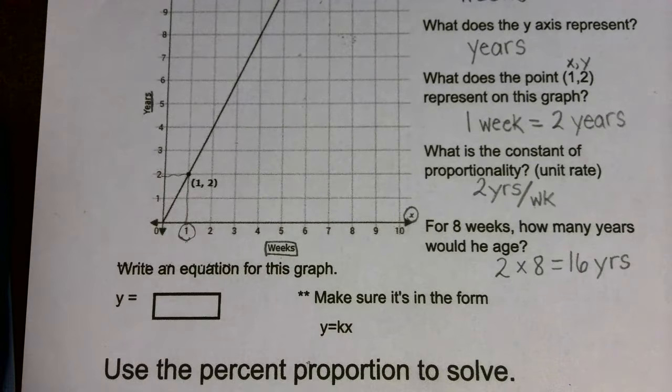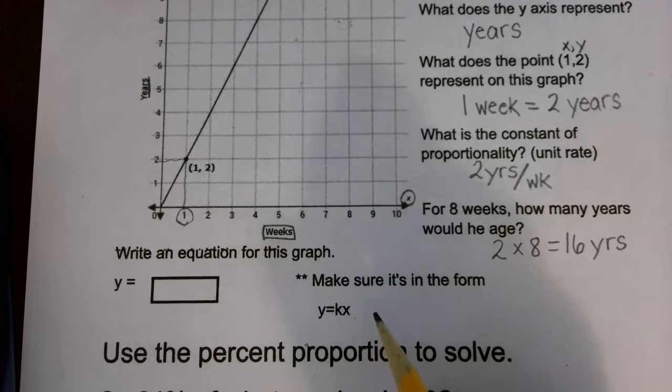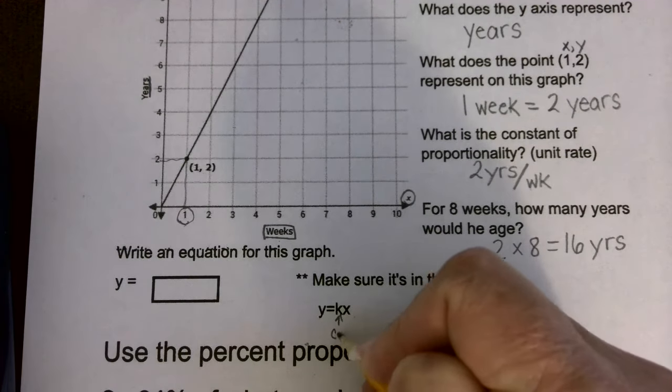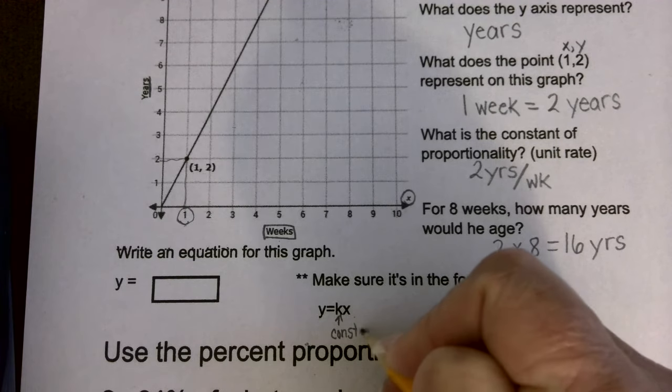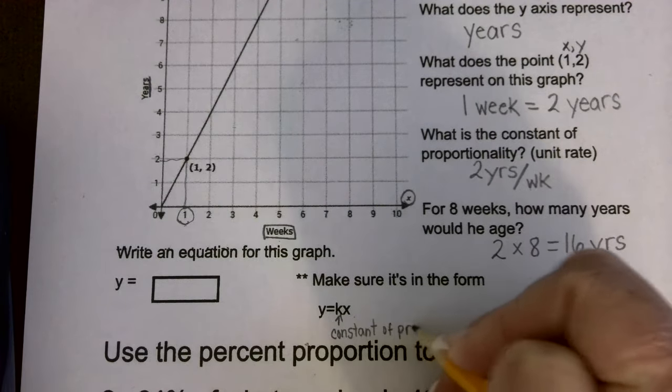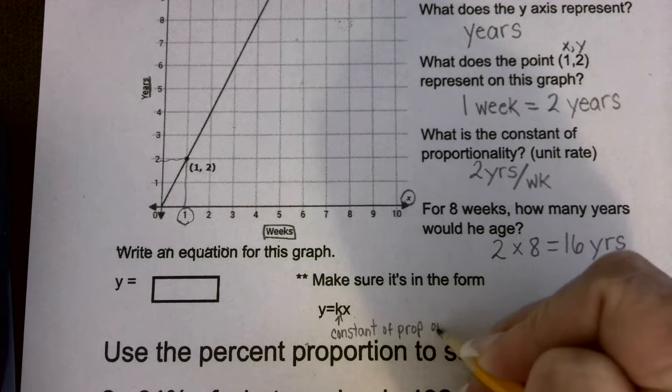Write an equation for this graph and make sure it's in the form of y is equal to kx. Remember that this k is just your constant of proportionality, or your unit rate.